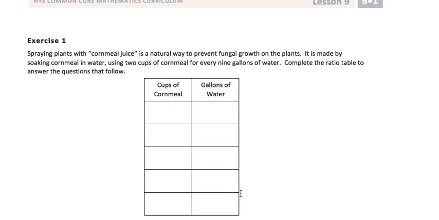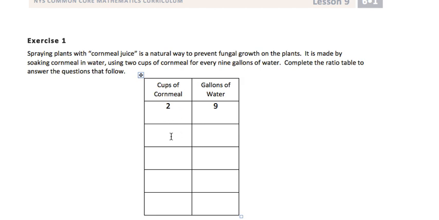In exercise 1, they talk about cornmeal juice, which is a good way to prevent fungal growth on plants. It's made by soaking cornmeal in water and then using 2 cups of cornmeal for every 9 gallons of water. Complete the ratio table to answer the questions.